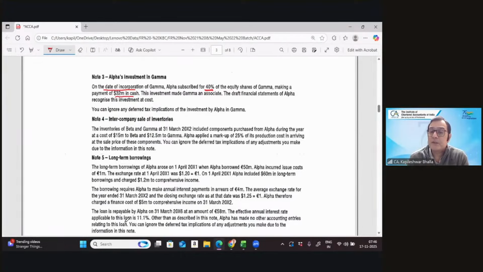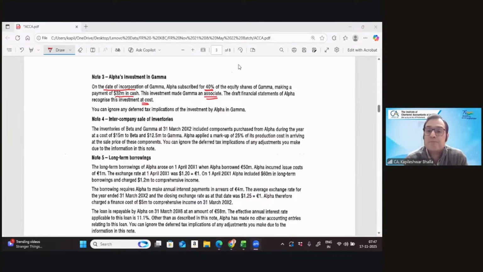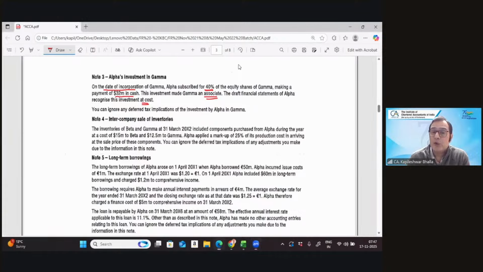The investment is an associate, and I think that goes without saying, because when you acquire more than 20%, but up to 50%, it is going to be a case of an associate as per Ind AS 28, and we need to apply the equity method of consolidation. The draft financial statements will recognize this investment at cost. So we are given that this investment is appearing at cost. That's right, significant influence. It says you can ignore any deferred tax implications of the investment by Alpha in Gamma.